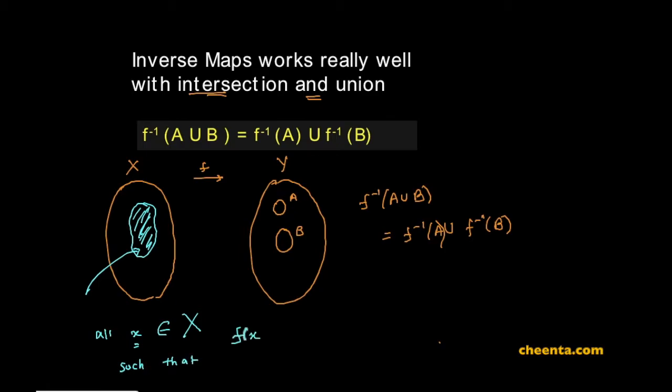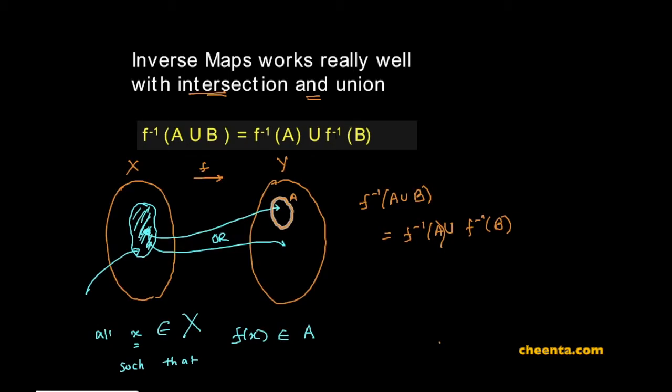f of x is inside A, so this point either goes inside A or it goes inside B. So, or. Of course, two of these things may happen simultaneously if A and B have some sort of an intersection. So maybe I can make the picture a little bit better for the intersection.